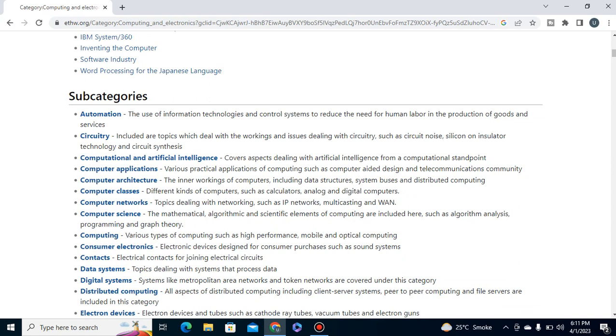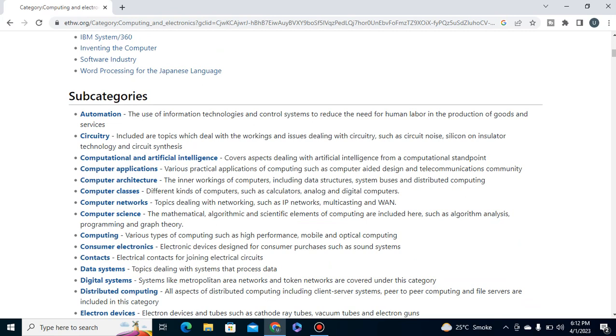Contacts: electrical contacts for joining electrical circuits. Data systems: topics dealing with systems that process data. Digital systems like metropolitan area networks and token networks are covered under this category.